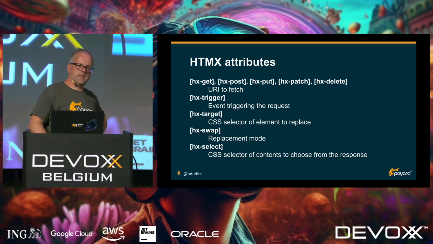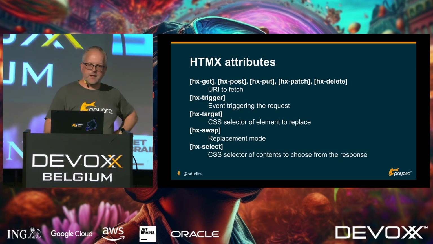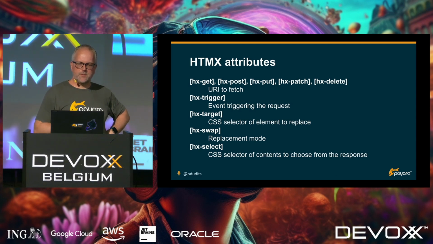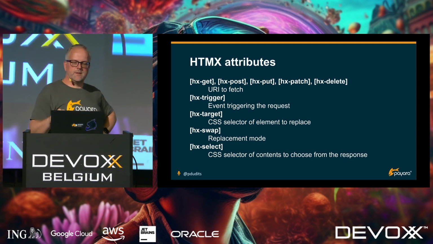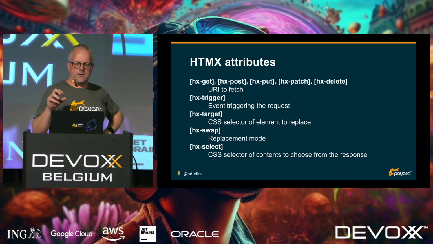Right, how to recognize HTMX from quite far away. It is the existence of the hx attributes there. So we can do hx-get, hx-post, all of the methods. The trigger defines what the event is. It doesn't need to be just the standard DOM events.